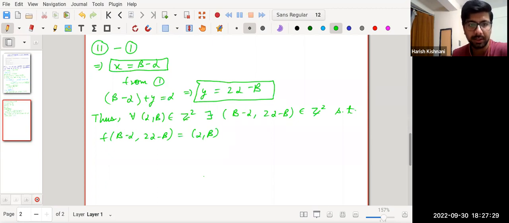And that will imply that f is surjective, and combining all these, we have f is an automorphism.